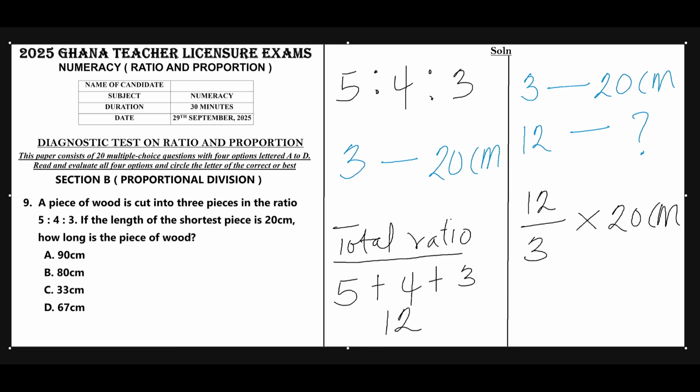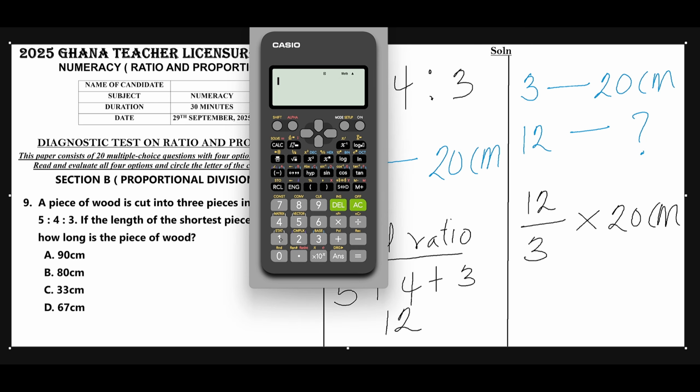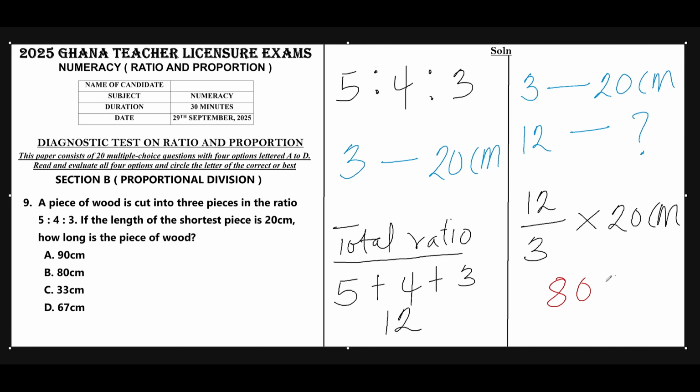So let's find out. 12 out of 3 multiplied by 20 centimeters. We have 80 centimeters. So that is the full length of the original piece of wood. So we select option B.